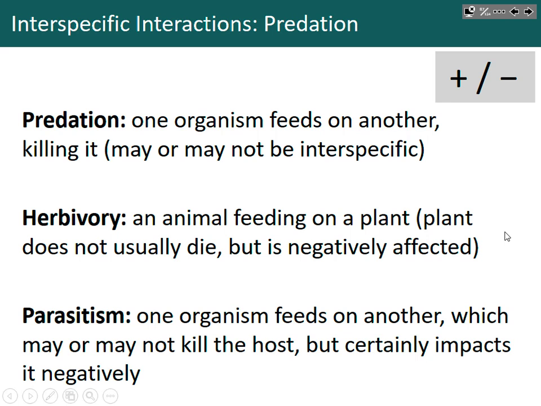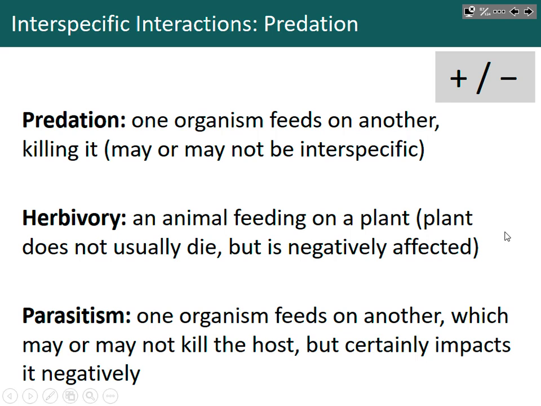But herbivory is when an animal feeds on a plant and the plant is damaged but doesn't usually die. In many cases, an animal feeding on a plant is going to eat some of the leaves, but not all. Or it's going to eat some of the flowers, but not all. It's going to drink some of the resources, but the plant still survives. I don't really want something to come and chew my arm off, but I could live without my arm, right? I'm damaged, but I'm still alive.